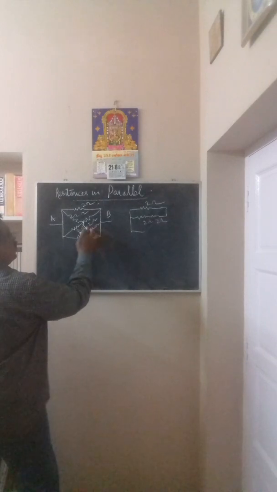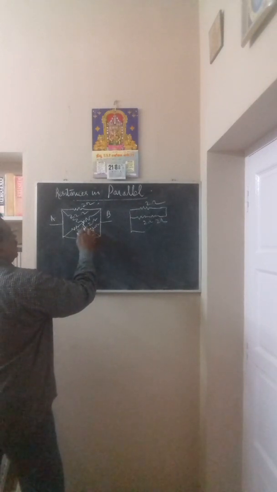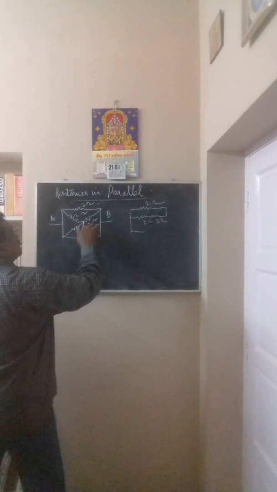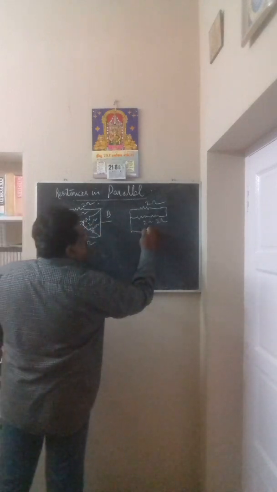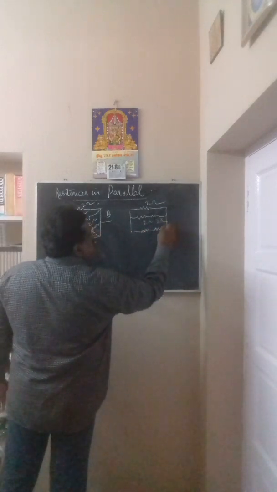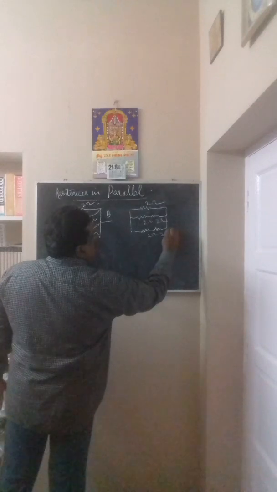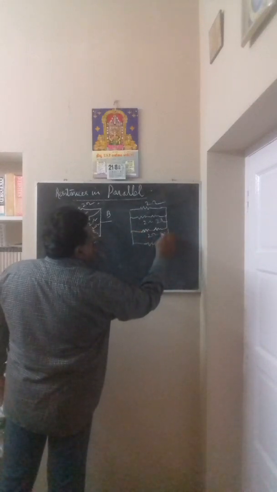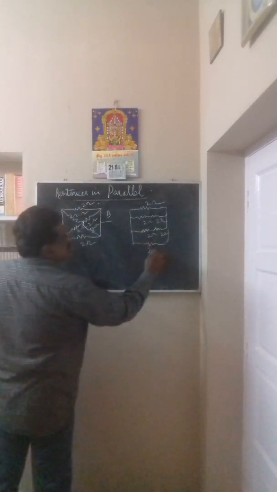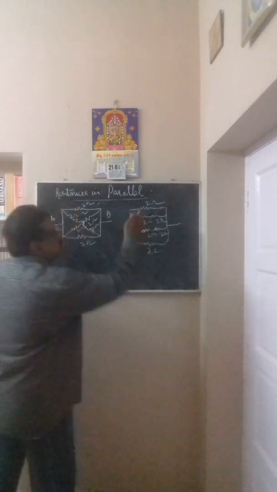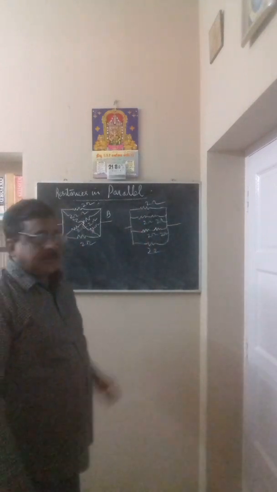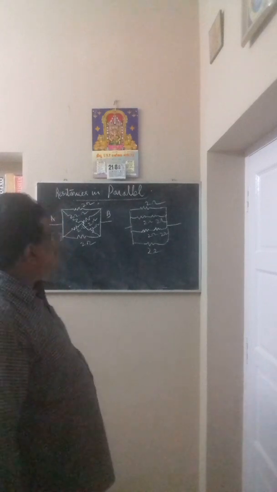And this 2 ohms and this 2 ohms will come here. And at last we have the remaining 2 ohms here. So now all are in parallel.